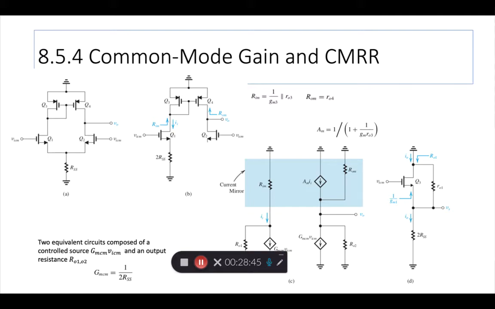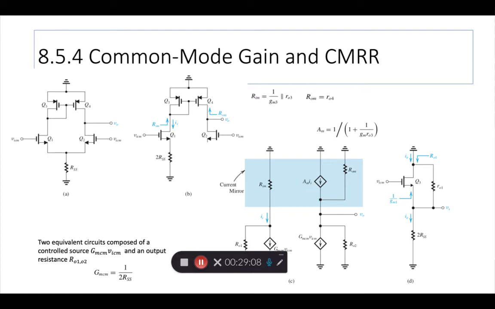It's generally undesirable. You don't want any common mode gain. You want common mode gain to be 0, right? So that CMRR is very high. You can say the differential amplifier rejects common mode signals, and you have CMRR of infinity, very high.